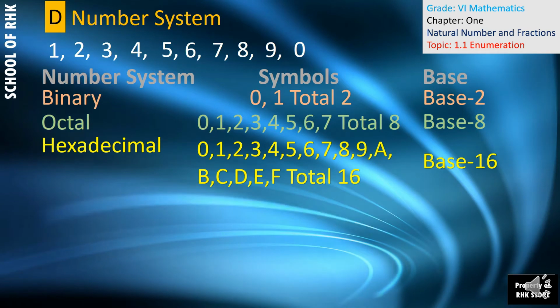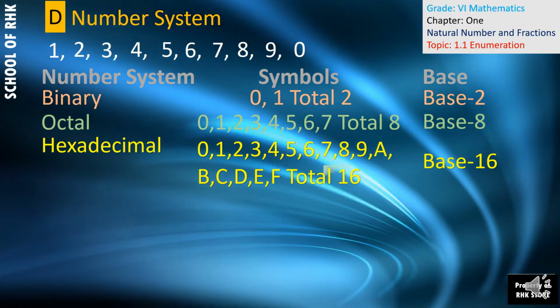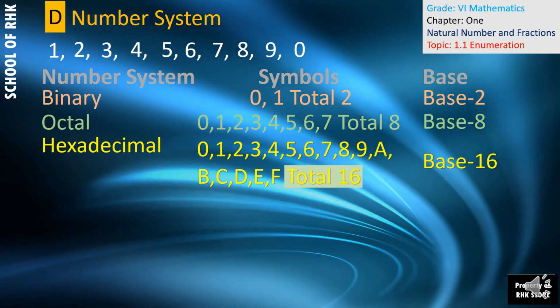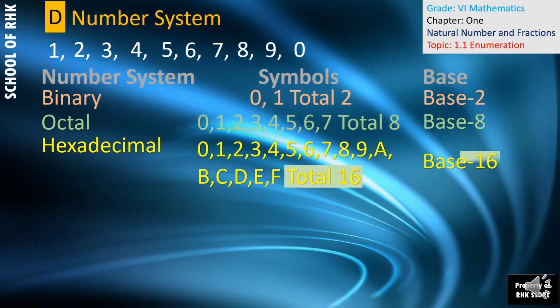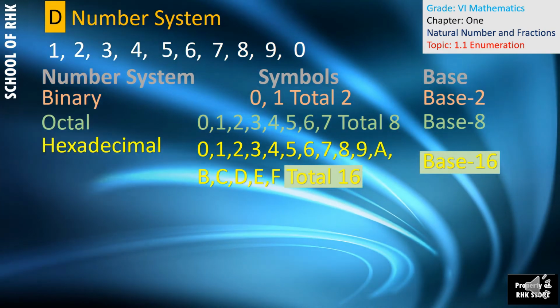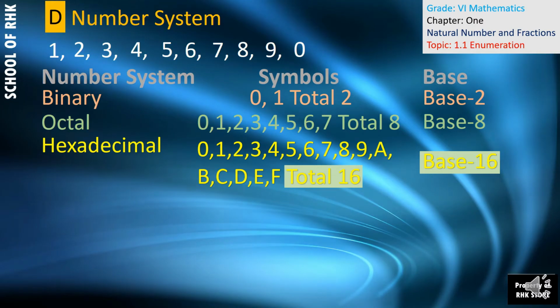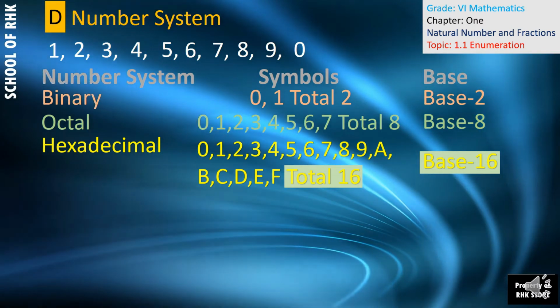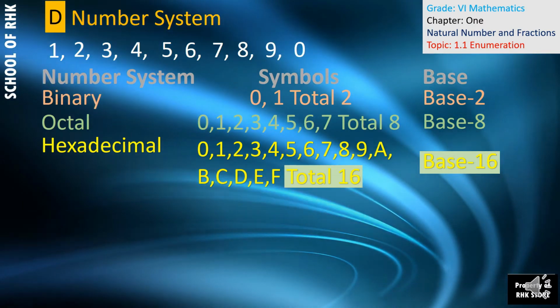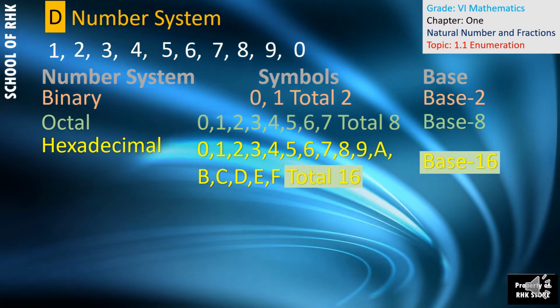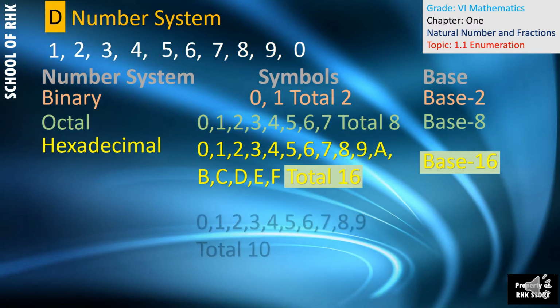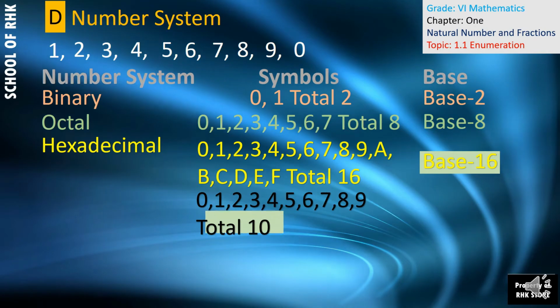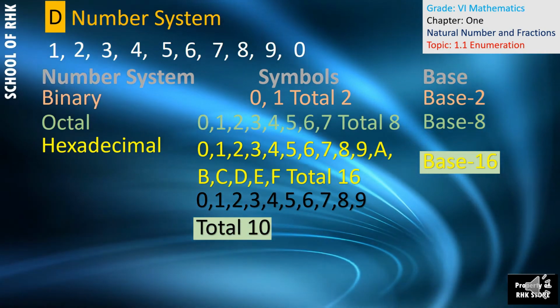And the total symbol of hexadecimal is 16. That is why its base is 16. In the same way we have seen so far, the symbol or digit of arithmetic is a total of 10. Therefore, its base is 10.